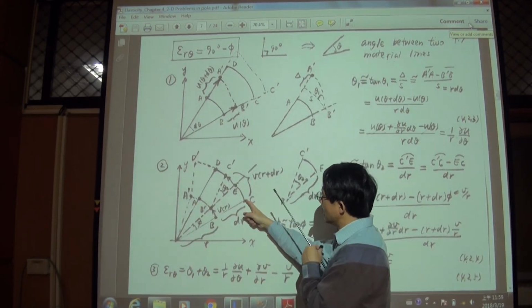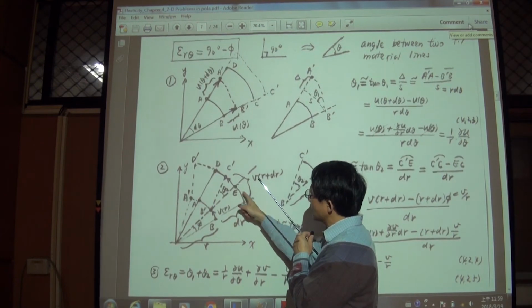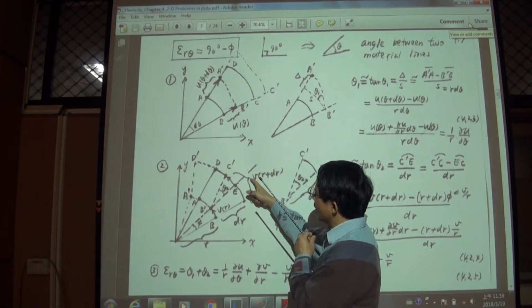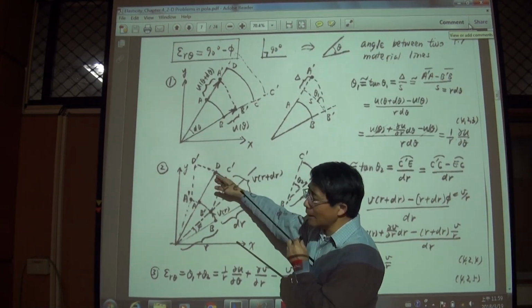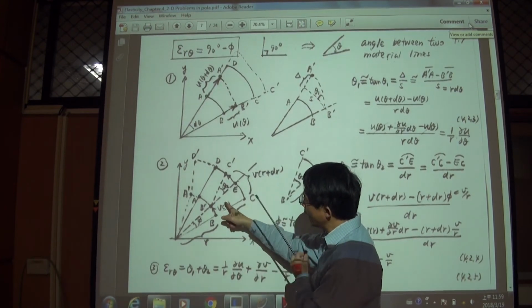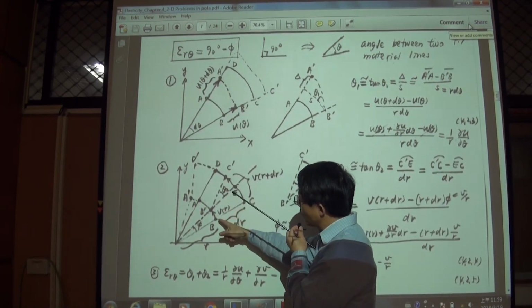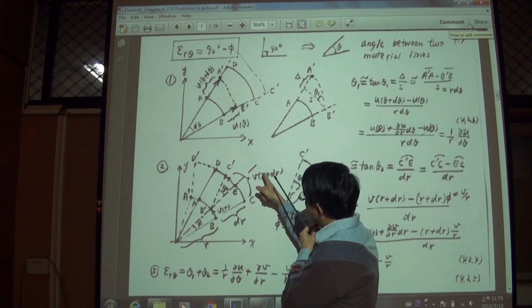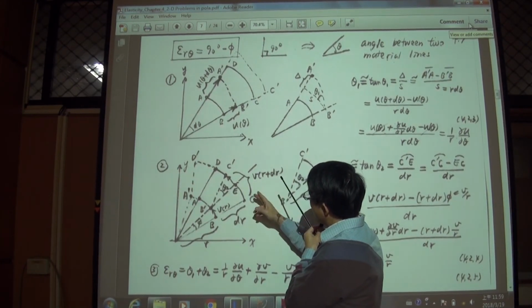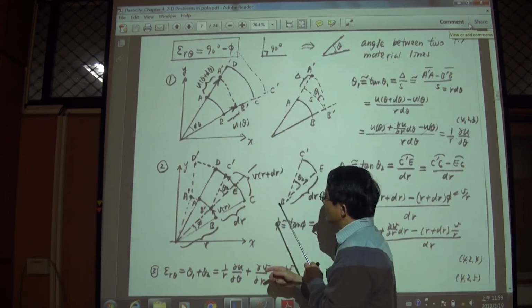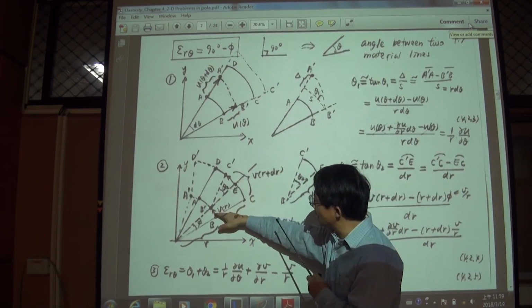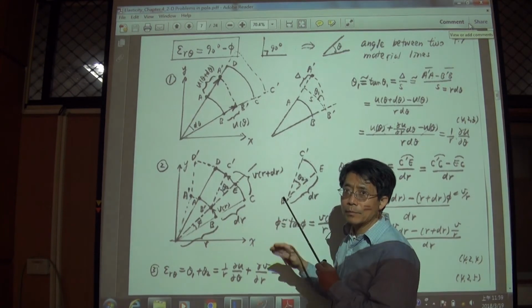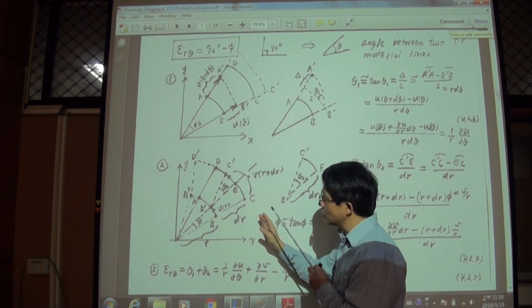Also, point C will move from C to C' due to the displacement in the theta direction. So v theta will move B to B', and v at r plus dr will move C to C', because this one and this one are not the same. So we have the shear angle.